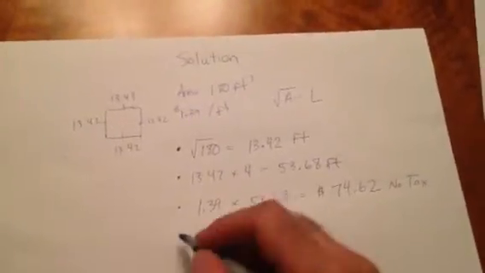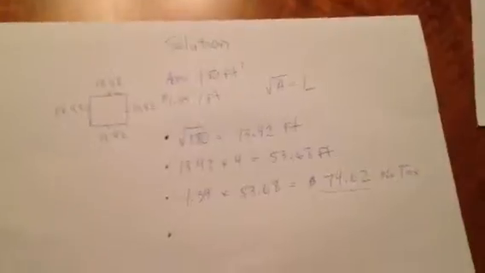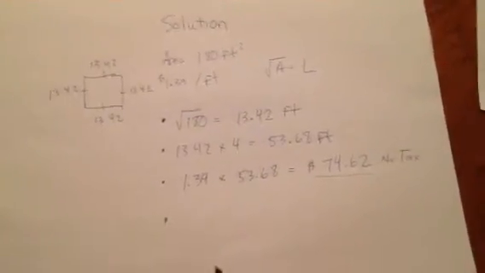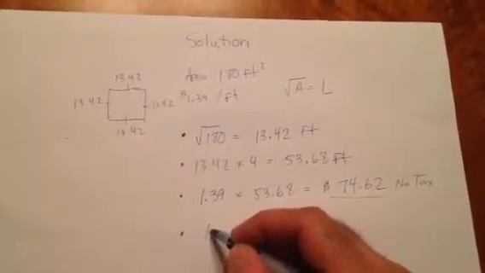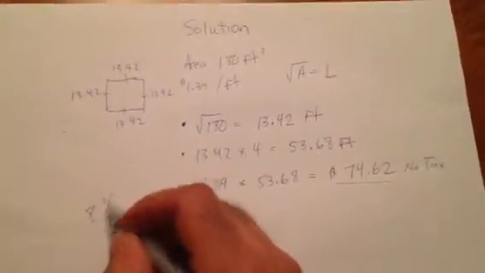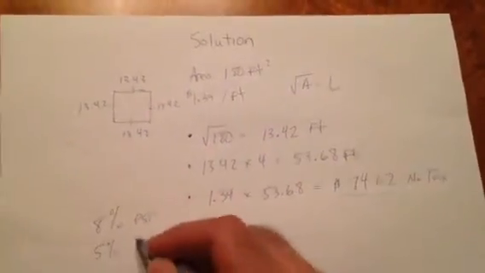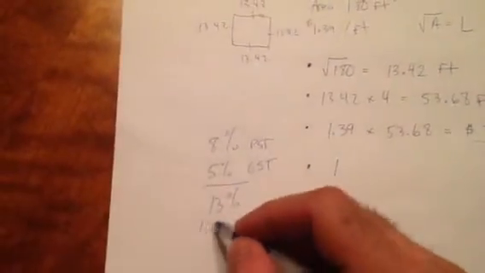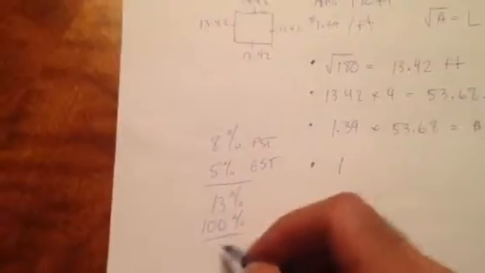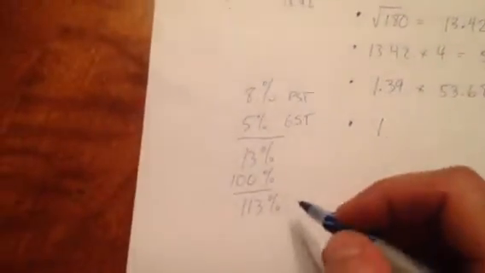My last and 4th step is, what's the price of this board when I include the tax? You learned earlier in the year that the magic number here in Manitoba, because we have 8% PST and 5% GST, for a total of 13% tax, we add that to 100% of the price. So we get 113% of the price with tax.